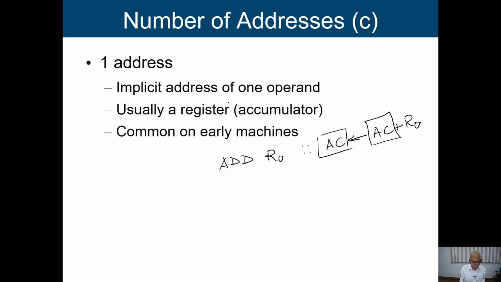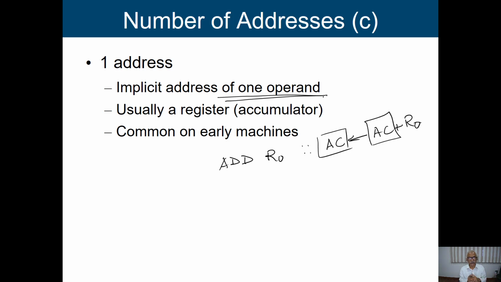That's why we said the address of one of the operands is implicit. We are not going to specify it, but always take it from a particular location, usually a register, and we call this register the accumulator. So this is the single address format.